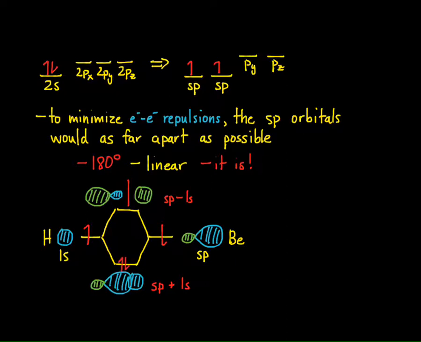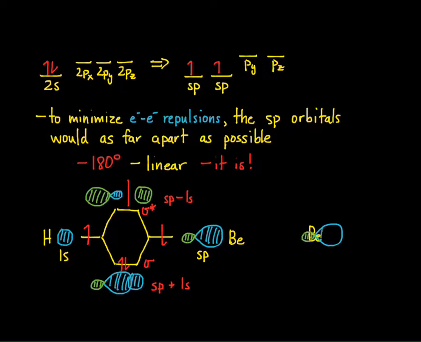They combine to give us our bonding molecular orbital, which we call a sigma bond, right? And the antibonding orbital is called a sigma star bond. Now, that is one beryllium hydrogen molecular bond, and it's a sigma bond.